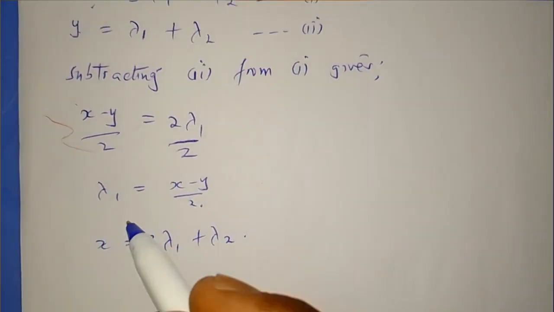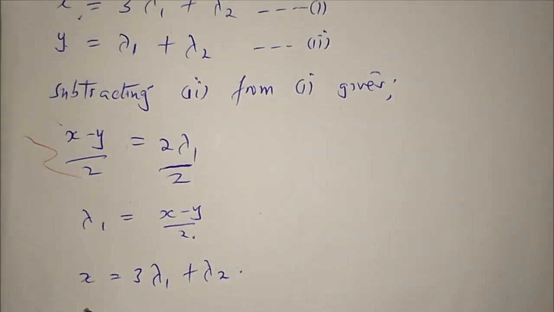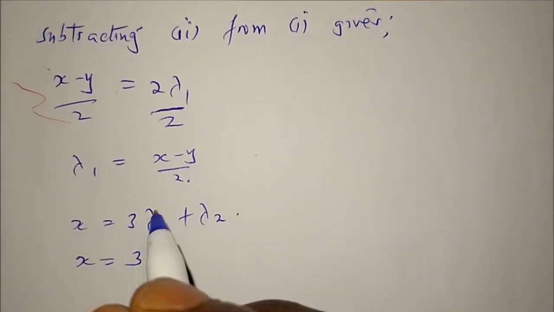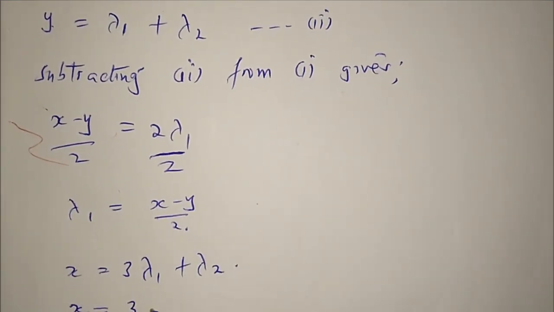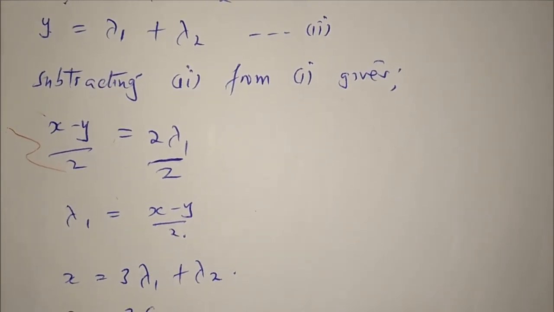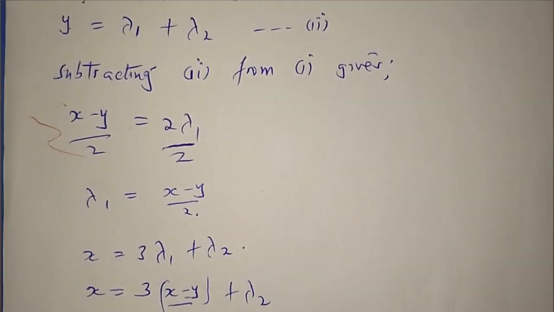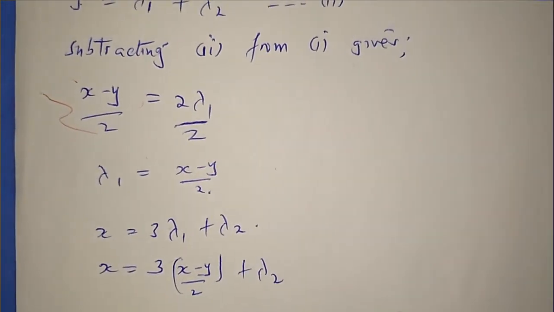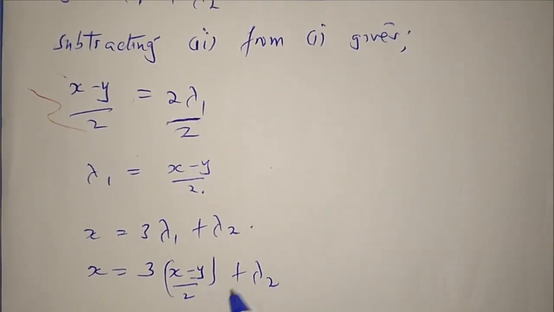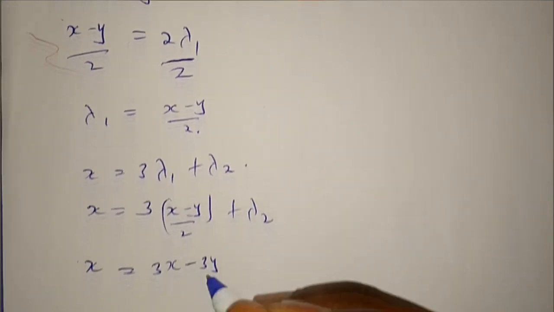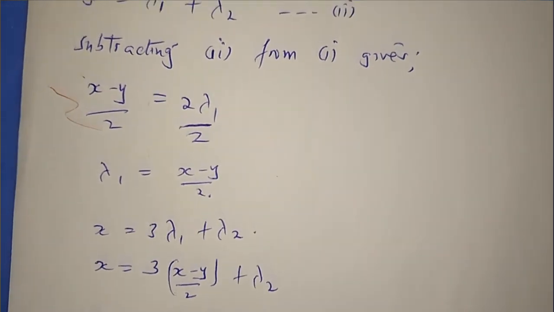Since lambda 1 is equal to (x minus y) over 2, x is equal to 3 times (x minus y) over 2 plus lambda 2. This gives x is equal to (3x minus 3y) over 2 plus lambda 2.